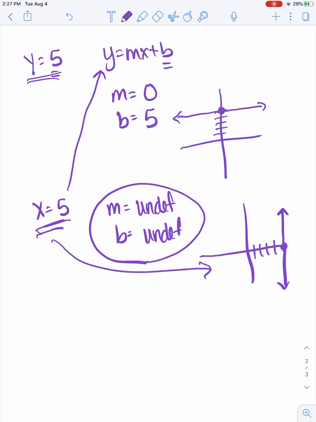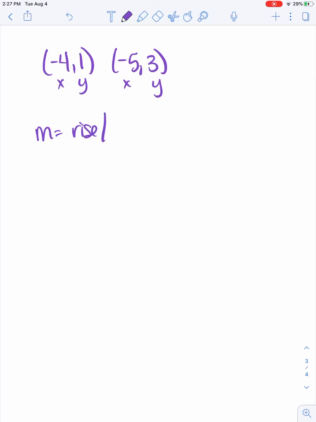Let's see. The other thing I want to make sure you're good with is being able to find the slope. So if I give you 2 points, and in Math 1, when I teach this, we label all the stuff. At this point, we shouldn't have to do that. But just remember that the slope is the rise or the fall based on the sign over the run.